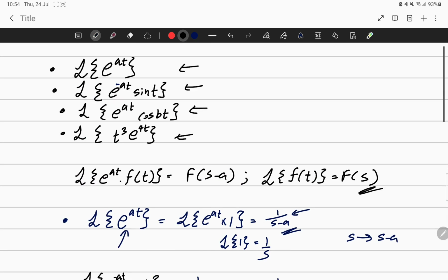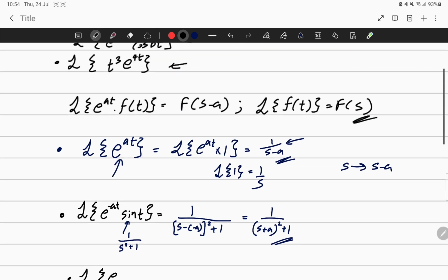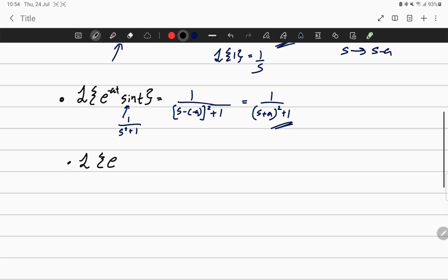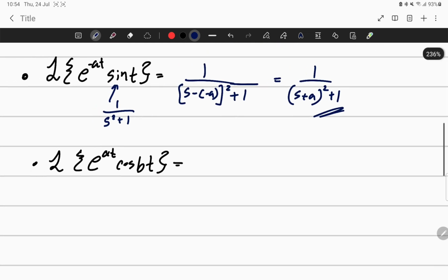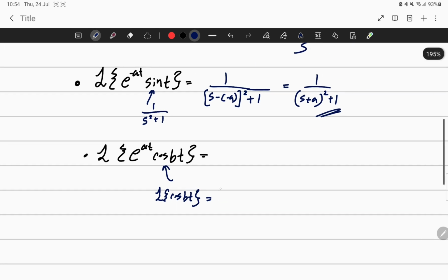Let's take the third example, the Laplace transformation of e to the at cos bt. So I have to find the Laplace transformation of cos bt. The Laplace transformation of cos bt equals s over s square plus b square.